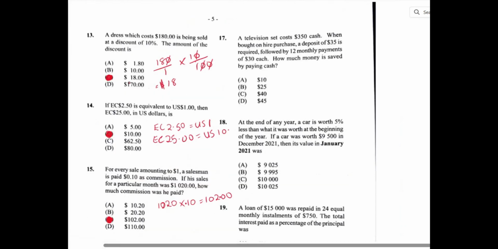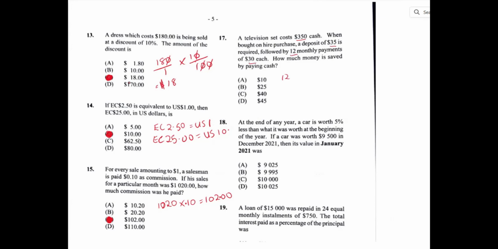A television set costs $350 cash. When bought on hire purchase, a deposit of $35 is required, followed by 12 monthly payments of $30 each. How much money is saved by paying cash? So cash price is 350. We're going to make a deposit of 35 and then 12 monthly payments of 30.